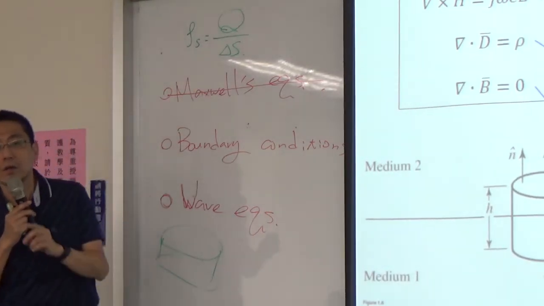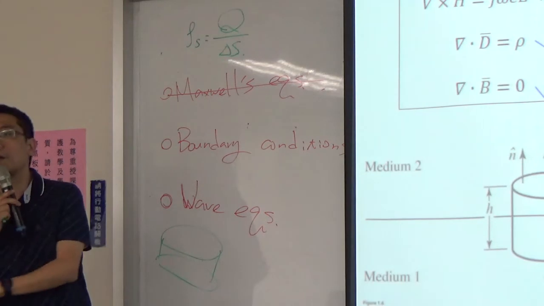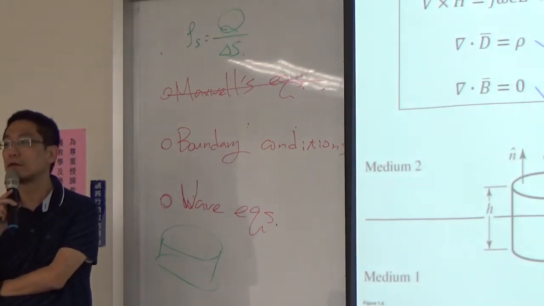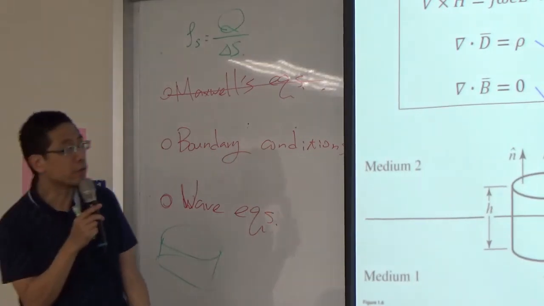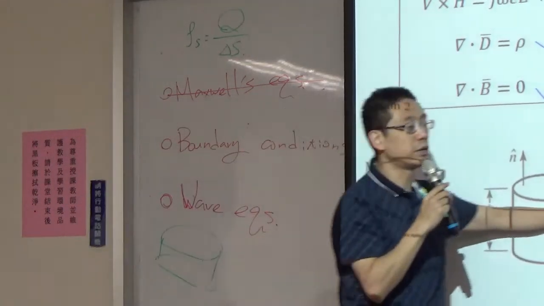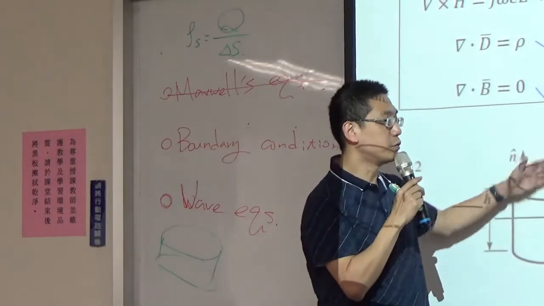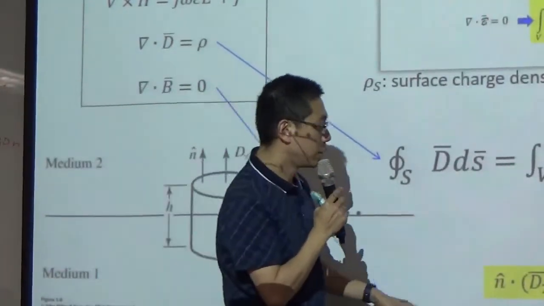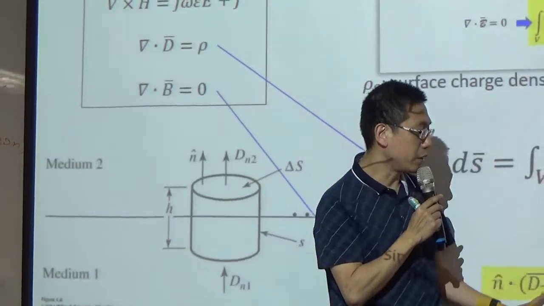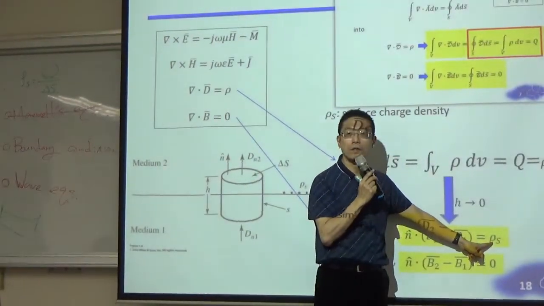Okay, so what do we obtain? After all, what is the result? On this boundary, if there are two materials, D2 minus D1 equals this one.